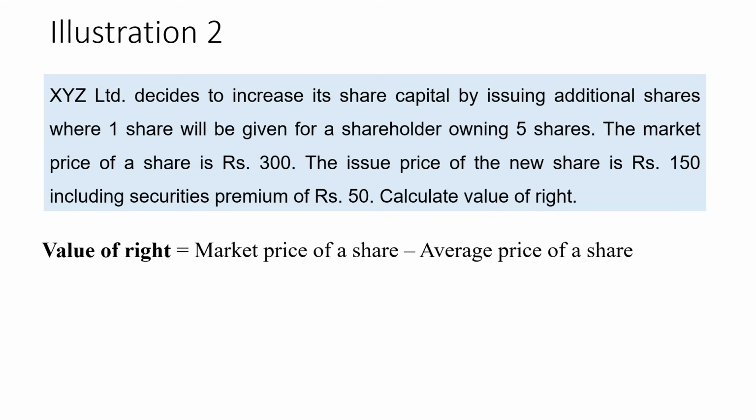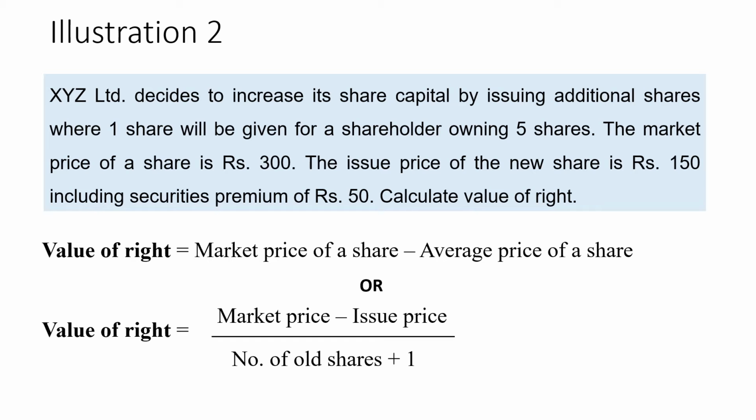One is market price of share minus average price of a share. The average price is not given in the question, so we need to derive that. And the second formula is market price minus issue price divided by number of old shares, which means existing shares, plus 1, and that 1 is more of a computational factor mentioned as a part of the formula.